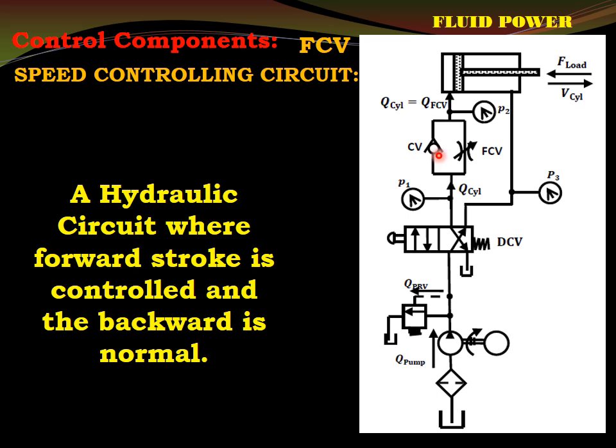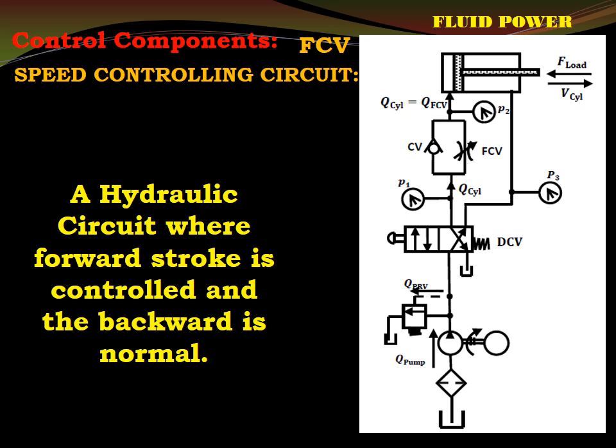So definitely the flow from the blank side now won't be restricted as it was being restricted in the previous case without the check valve. Thus, the retraction stroke speed will be as it is in a normal double acting cylinder circuit.